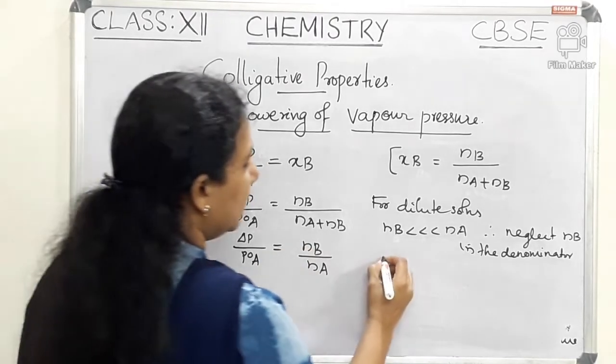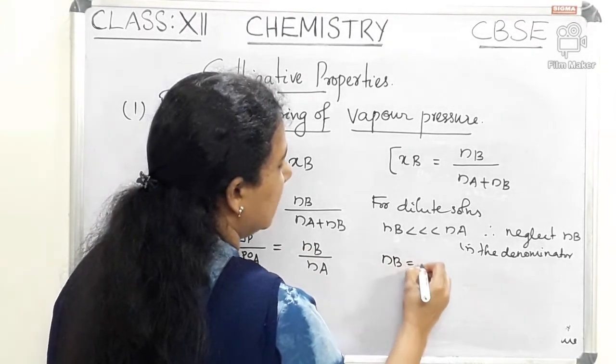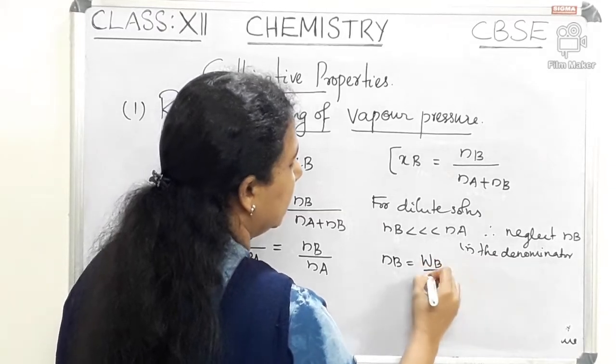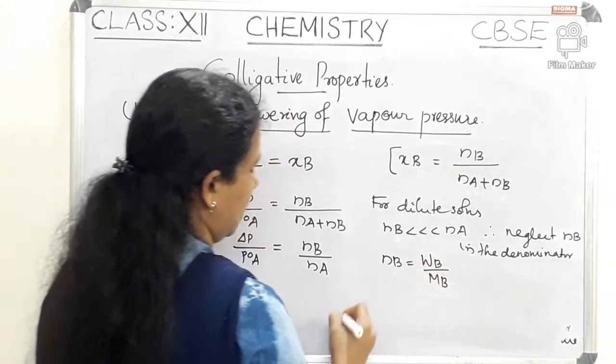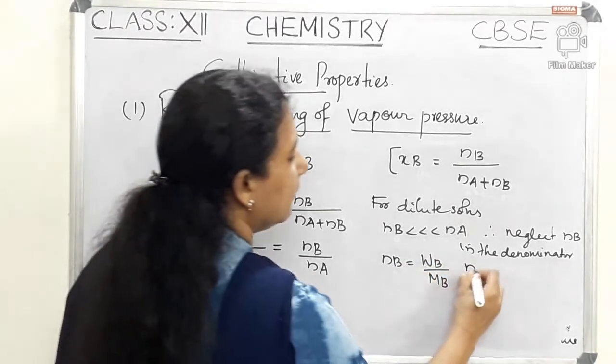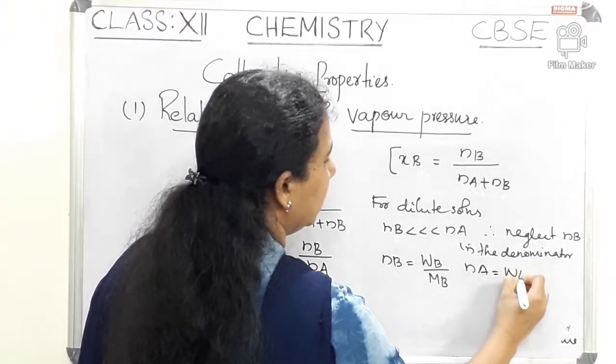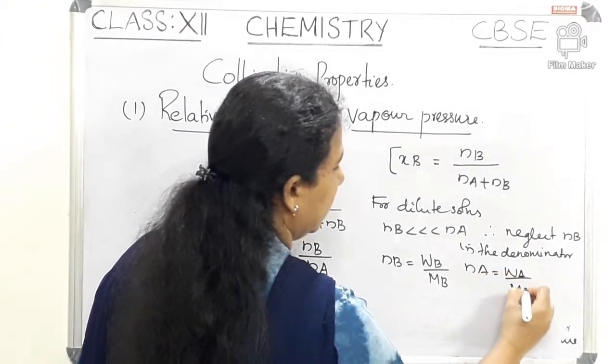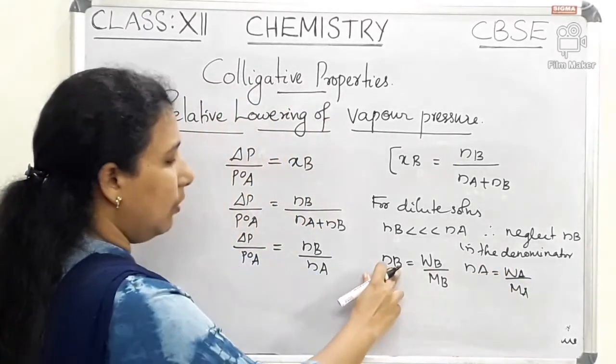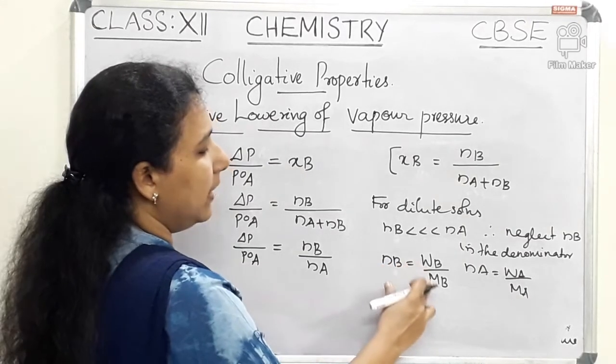So, instead of NB, we can write WB by MB, and instead of NA, we can write WA by MA. Number of moles is equal to mass by molar mass.